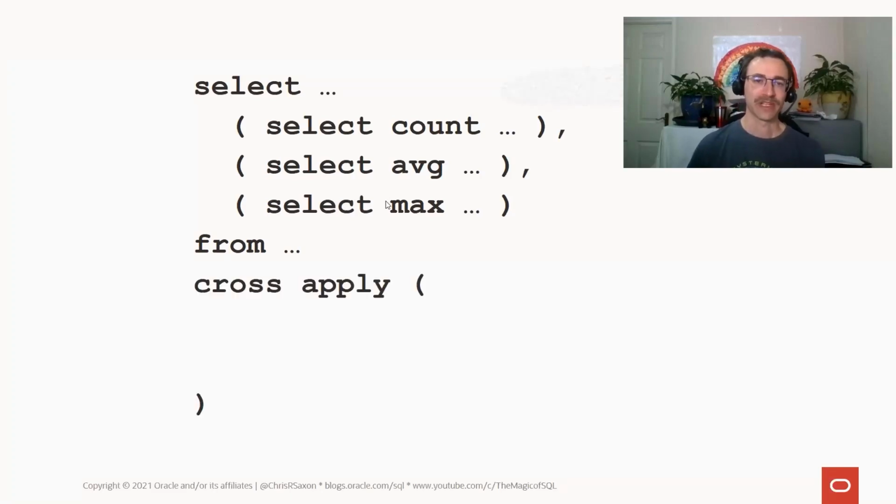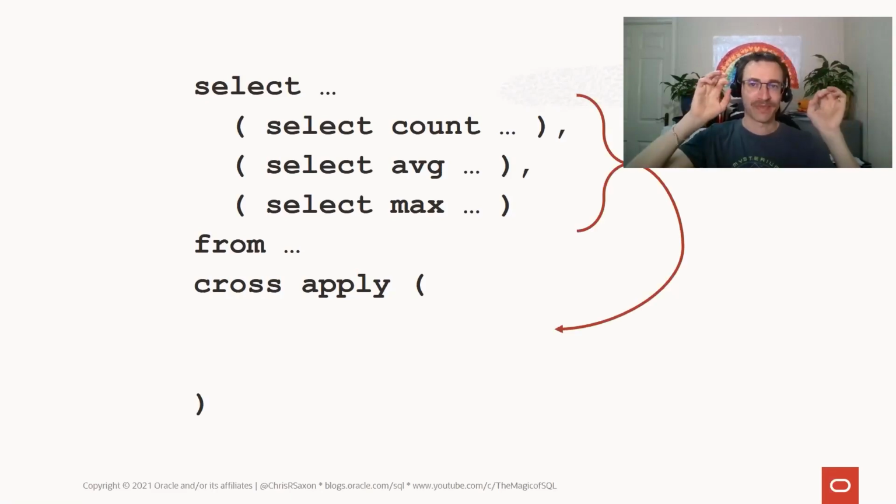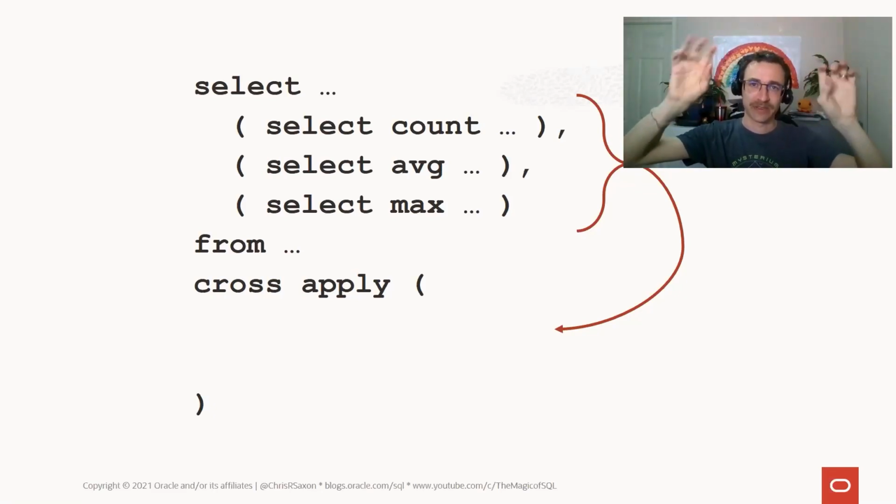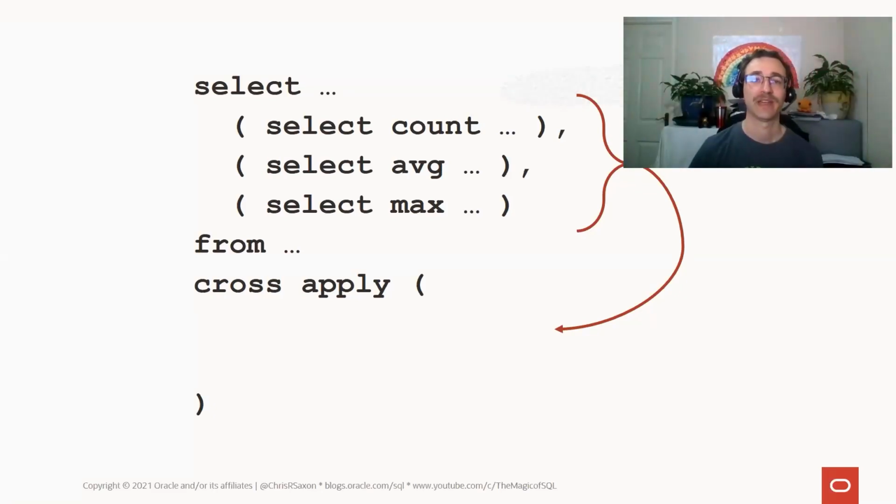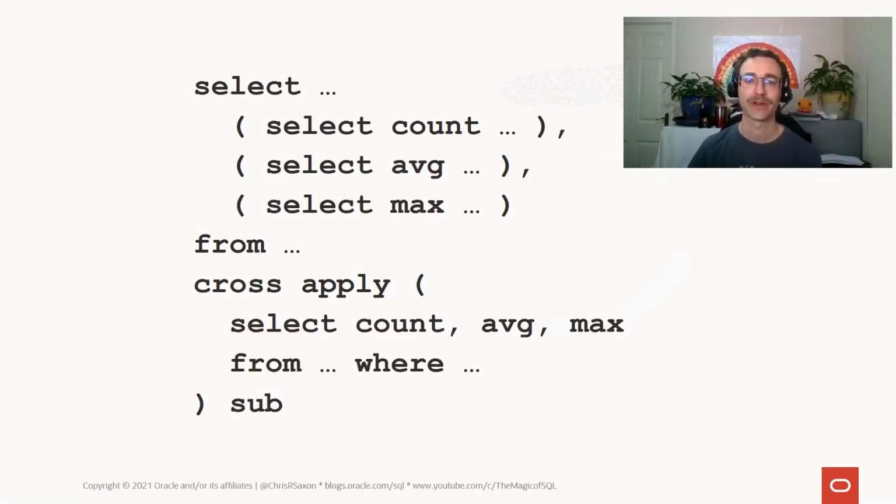So what we can do is have our cross-apply clause and take those aggregations and put them within the cross-apply. So take one of those scalar subqueries, the from and where, and put all 3 of those aggregations into one cross-apply. So this means instead of computing this query 3 times for a row, we can compute it once.